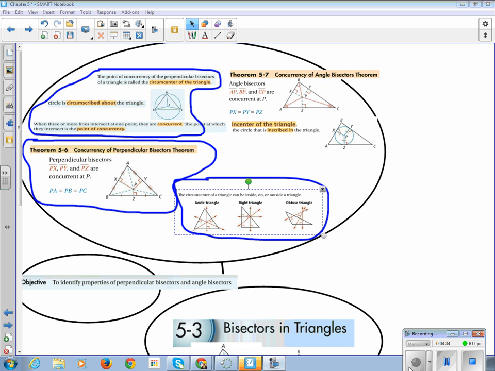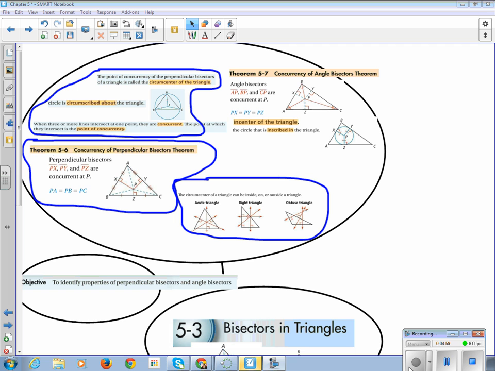All right, so now we're going to peel ourselves away from perpendicular bisectors and just look at angle bisectors. So we're cutting our vertices in half with a line, and where those points cross is called the incenter of the triangle.